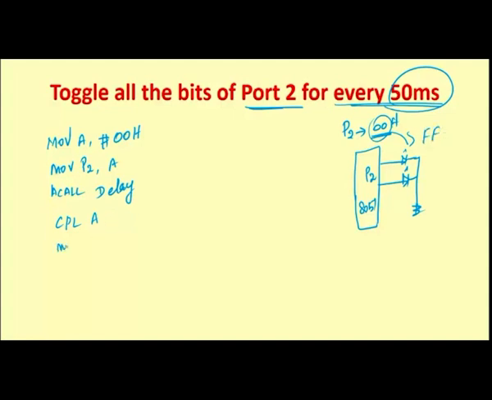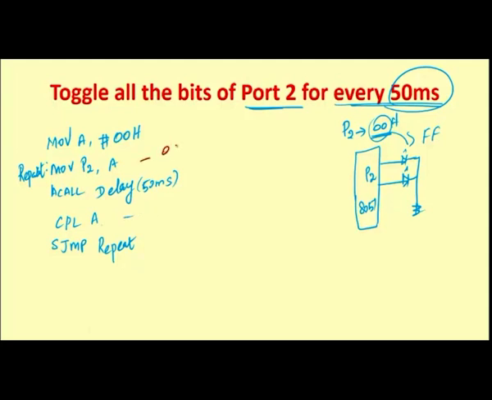Now I can repeat the same process with a short jump. So first I display the value 00, then I call the delay for 50 milliseconds, then I complement. Now the bit positions become FF.